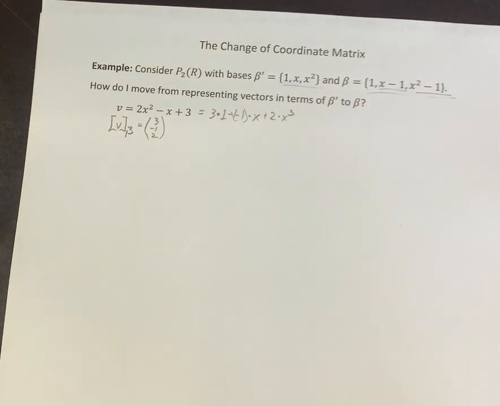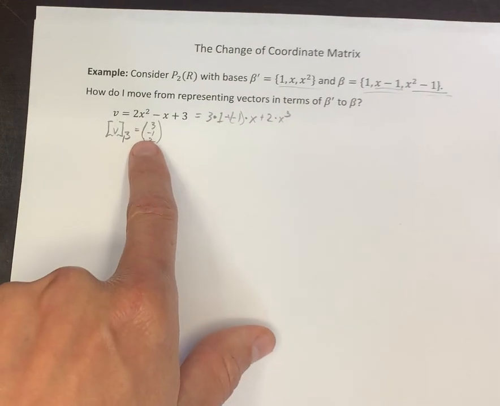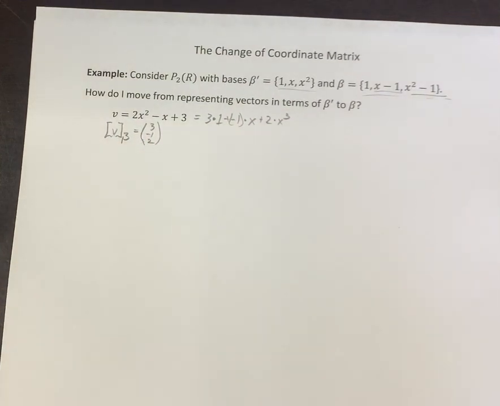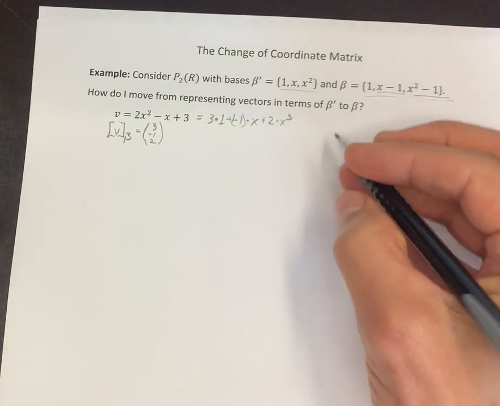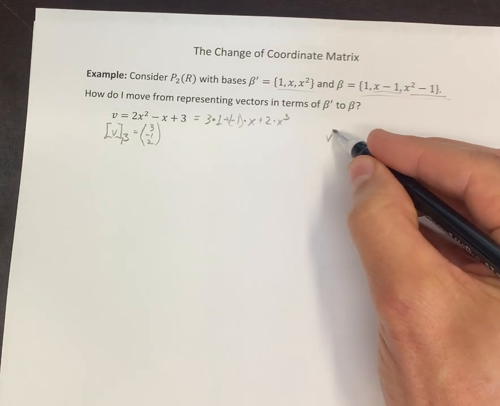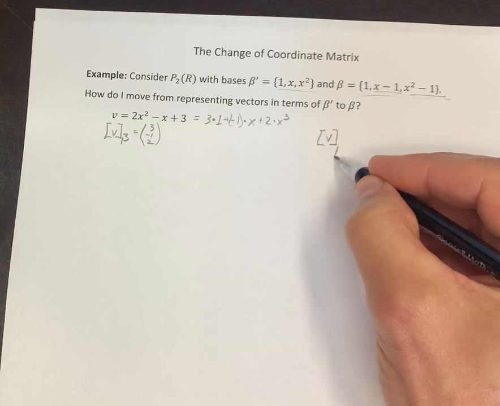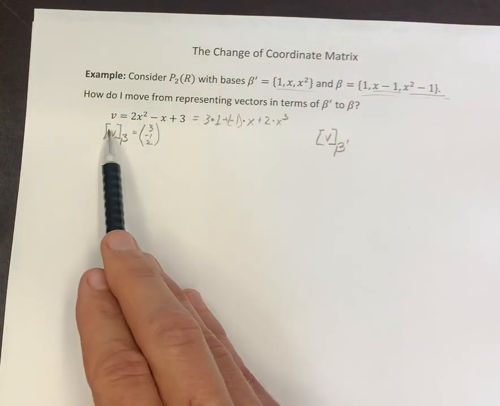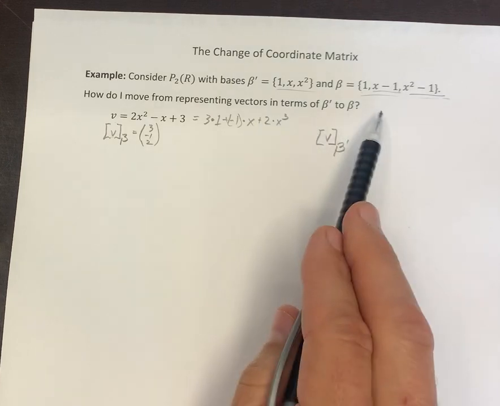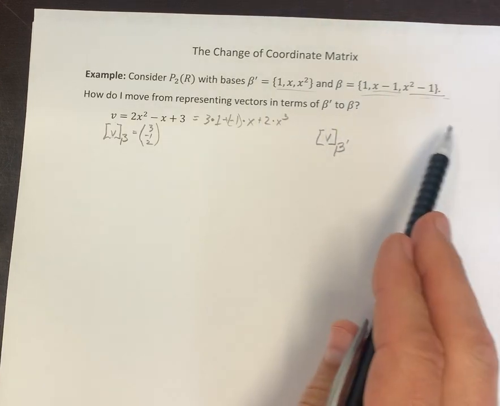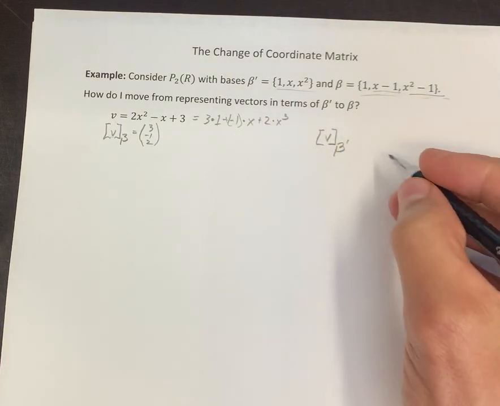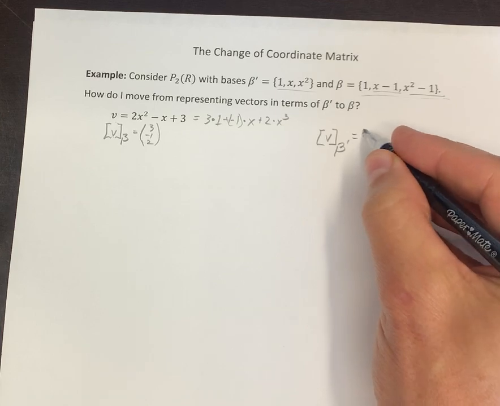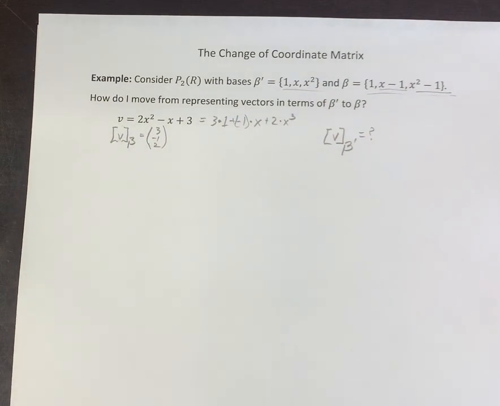Well, how would you then, let's imagine you already had this, you'd been working in that basis, and you really wanted to get v beta prime. Now, you could sort of back convert this into this, and then you could write it in terms of that set of basis elements. But is there a faster way?